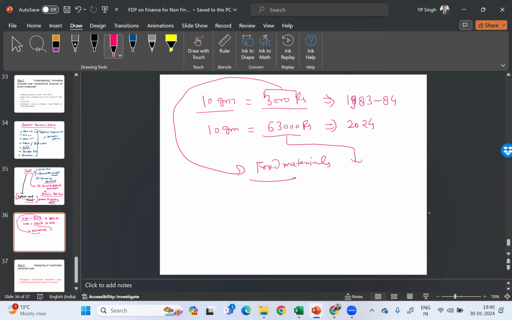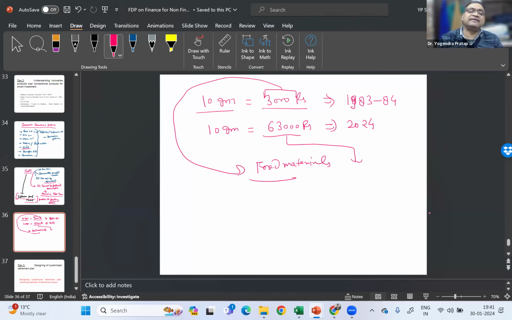Yes, sir. Very true. Because that's why it is said, and it is proved worldwide, that gold is inflation proof. If you have 10-gram gold in 1983-84, it cost rupees 3,000, and whatever food materials you could purchase with rupees 3,000 in 83-84, now you can purchase the same food with 63,000, because the price has gone up.